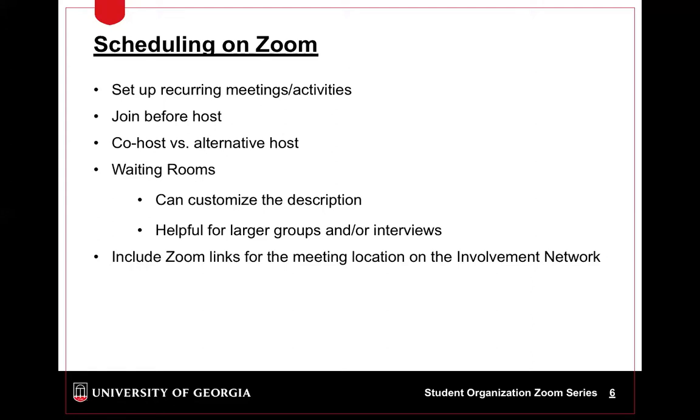An alternative host is someone that is added as a host before the meeting that then can log in and have host privileges if you're not able to attend, or if you're setting up the meetings on behalf of the organization or different committees that you may not necessarily have to be there for. For example, today, Taylor was added as an alternative host, so she's able to do all of the same things, such as stopping my screen sharing, that I am able to do as a host as well.